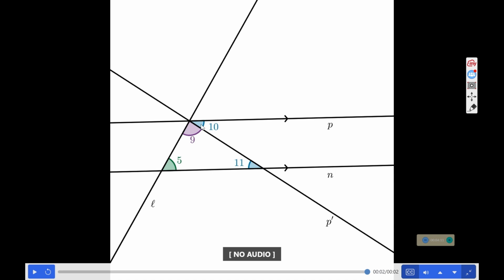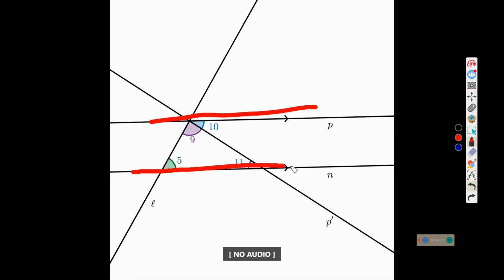Angle 10 and angle 11 are congruent. And the reason is we have two parallel lines cut by a transversal. So they are alternate interior angles.